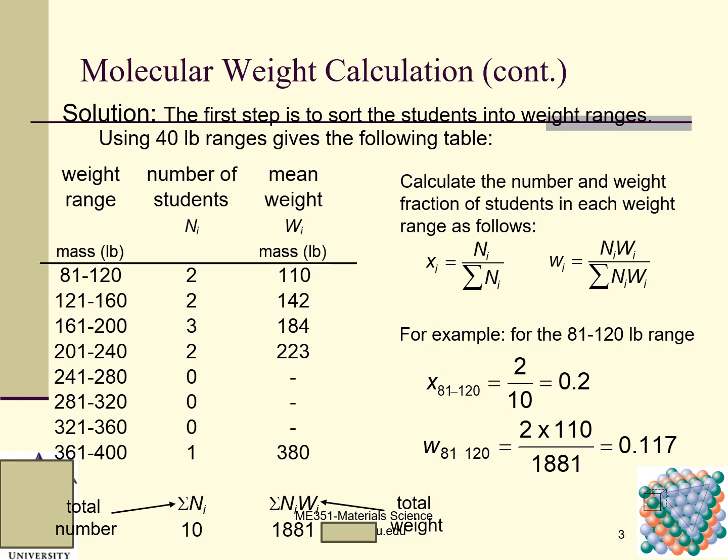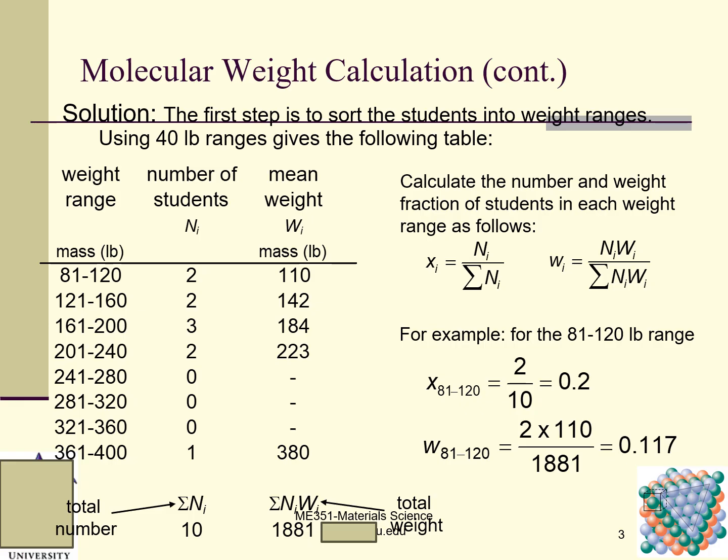You can see some weight ranges do not have any mean weight because no students fall into these three weight ranges. So we calculate the number and weight fraction of students in each weight range as follows using this equation. This xi is the number fraction, wi is the weight fraction.